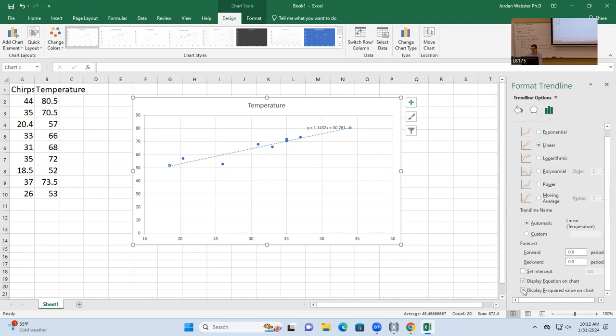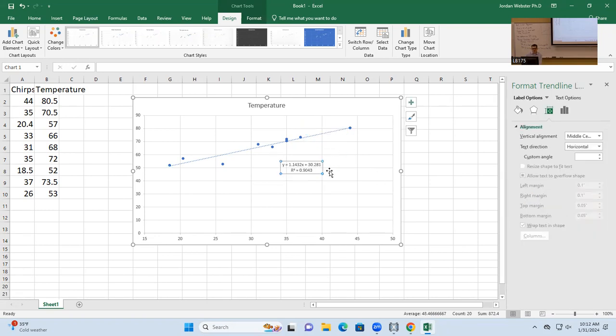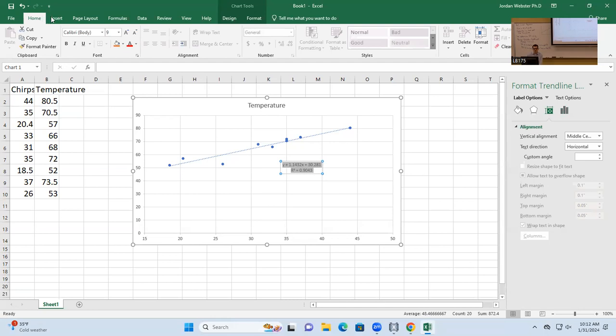And if you ask to display the R squared, it'll tell you the square of the Pearson correlation coefficient. Okay, you might ask, why did you get the square of the Pearson correlation coefficient instead of just the R? That's a feature of Excel.